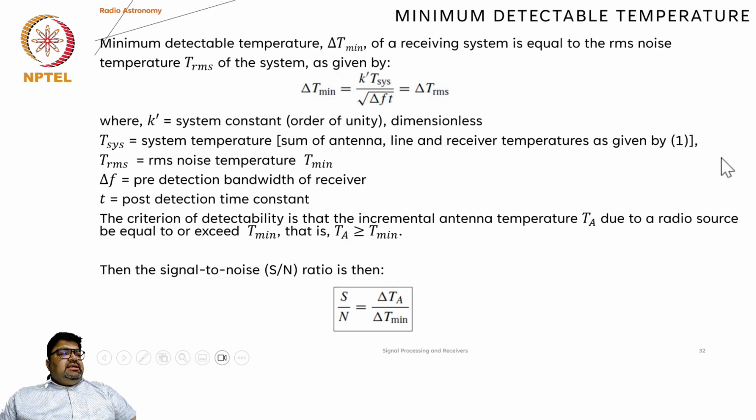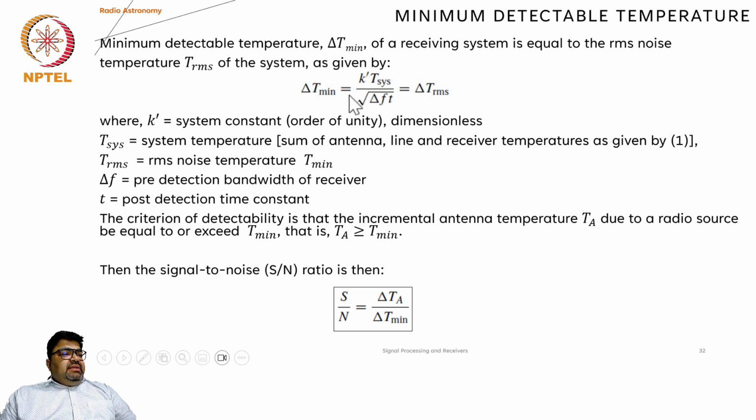The next thing to discuss is the minimum detectable temperature, because we're talking about sensitivity. What is the minimum temperature that a system can detect? That also gives a sense of the sensitivity of the given system. So let's define delta T min of a receiving system as equal to the RMS noise of the system itself.